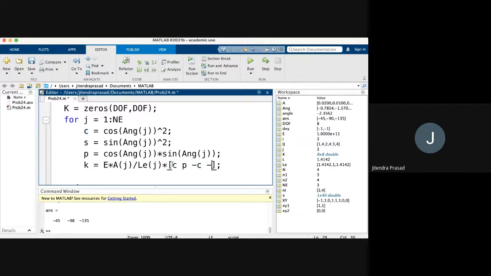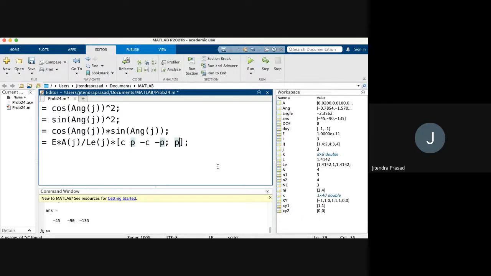Minus c, minus product, and then similarly you can write the rest: product, then s, then minus product, minus s. Done. Now whatever is here should be here, and so on.